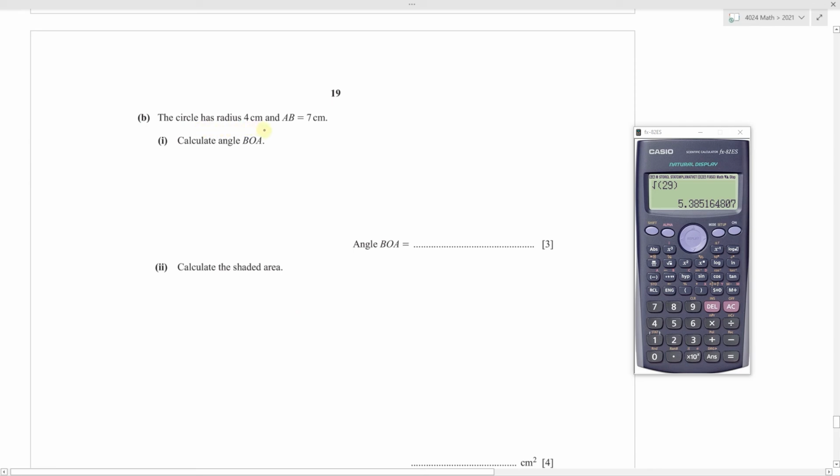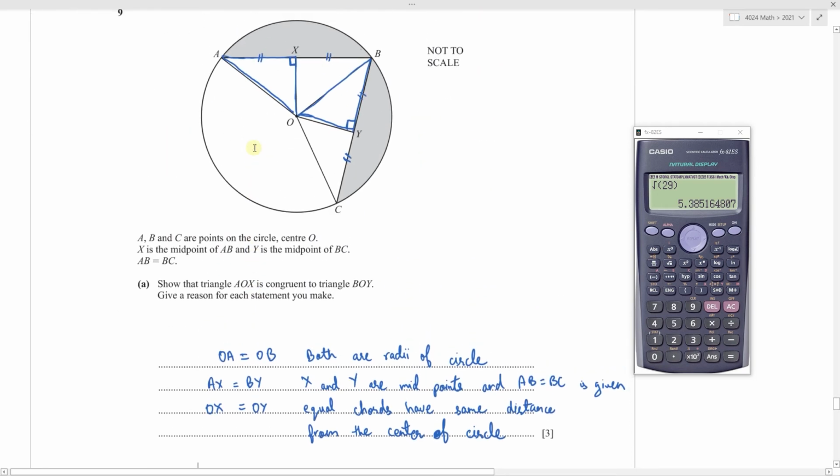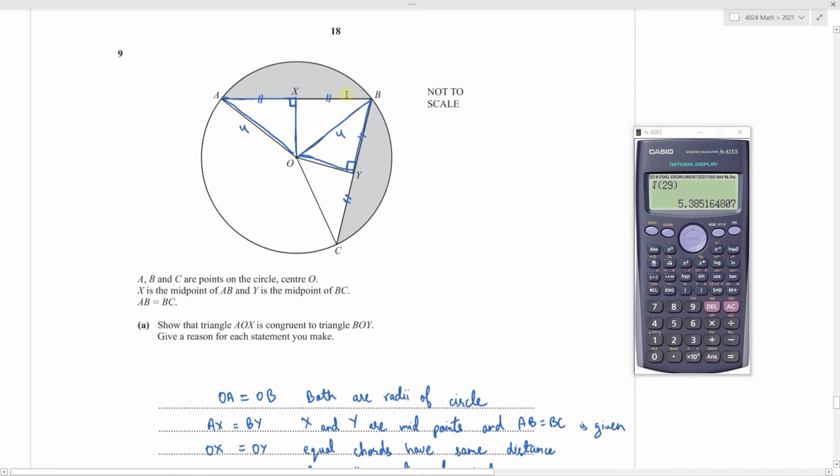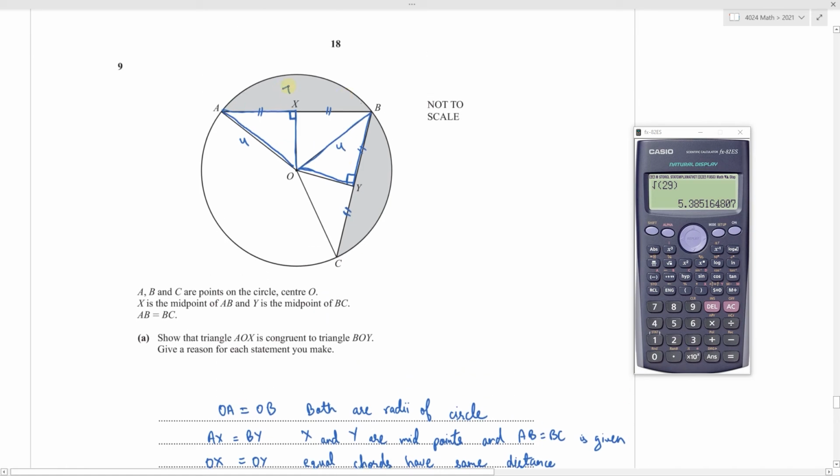The circle has radius 4 centimeters, AB is 7. Calculate angle BOA. So you're given the radius is 4, so this length is 4, this length is 4, and AB is 7.